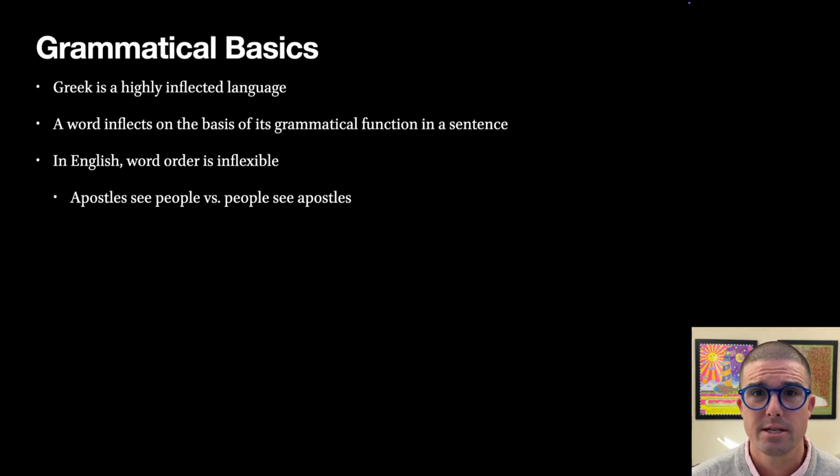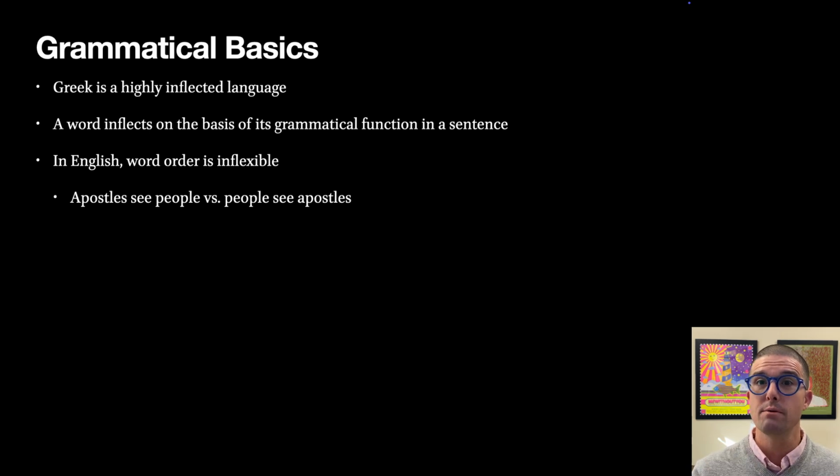So in the English sentence, apostles see people, we know that the ones doing the seeing are the apostles because they come before the verb see. We like to put the subject of the sentence before the verb, and we like to put the object, what is seen, what receives the action of the verb, after it.